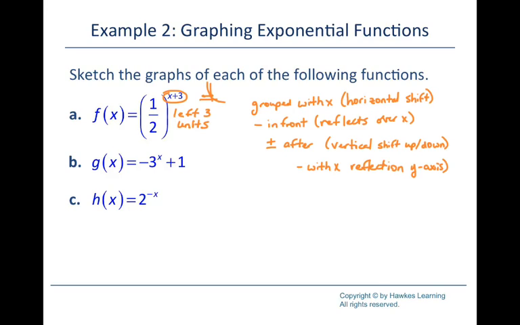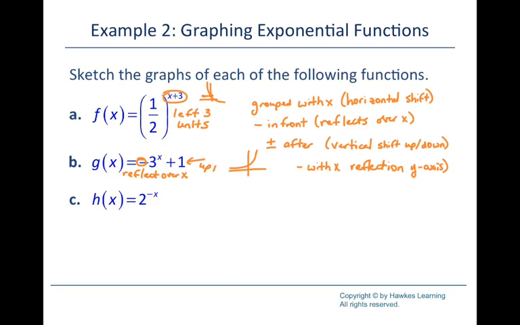Now let's look at the second one. This one is a reflection over x, and this one here means it's going to go up 1. So let's think about our original function. This is a growth function, so the original function comes in looking like this, right?